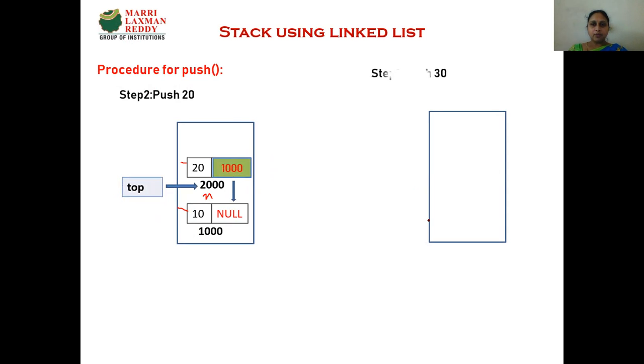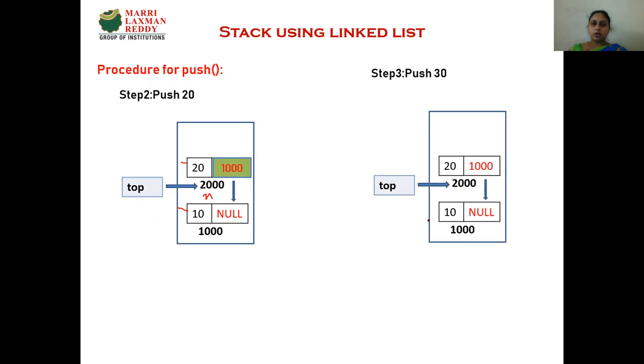In a similar way, we are going to push one more element onto the top of the stack, that is 30. This is the situation we are in. Now top is pointing to 2000. I am going to create one more node, 30, with the name n, and place it on the top of the stack. I need to make the connection between these two, and move top to the top element on the stack.